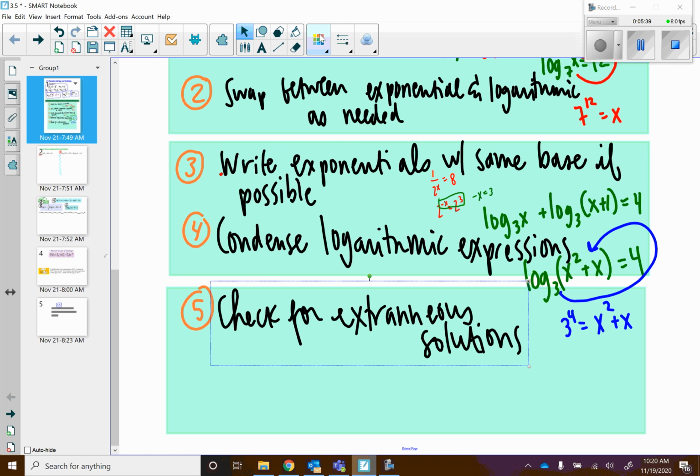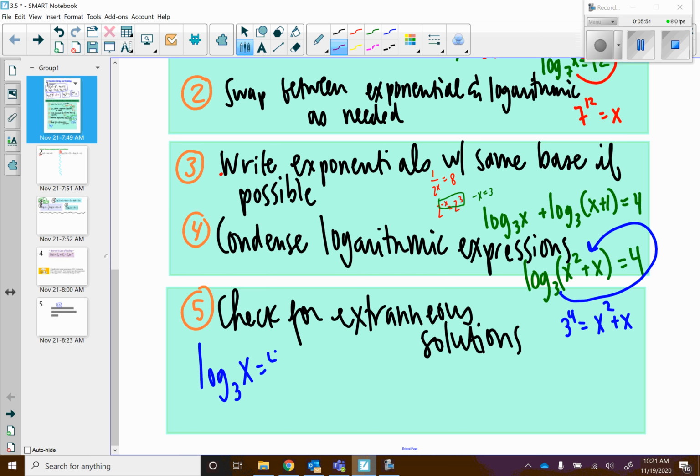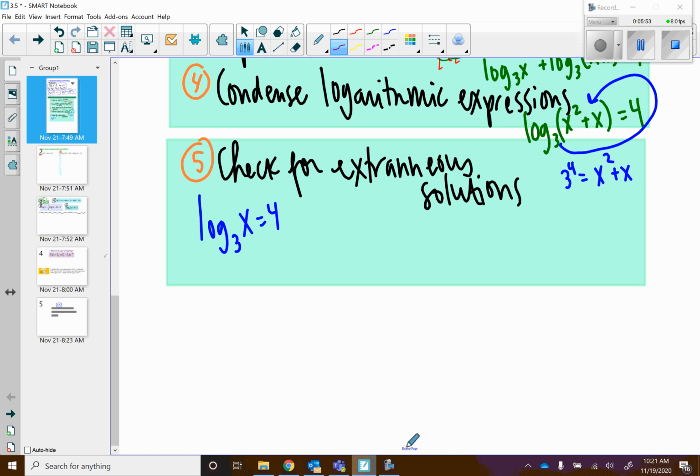And the big thing we want to remember is that I cannot take the log of a negative number. Log base 3 of x is equal to 4. Well, let's think about this. If we think of our swirl, 3 to the 4th power is equal to x. Whatever 3 to the 4th power is, it doesn't matter, this thing will never be equal to 0. X will never be equal to 0. And I can say very confidently, x is going to be positive.